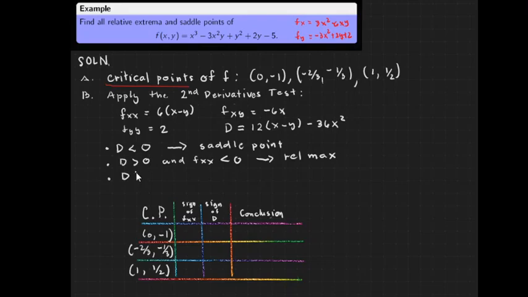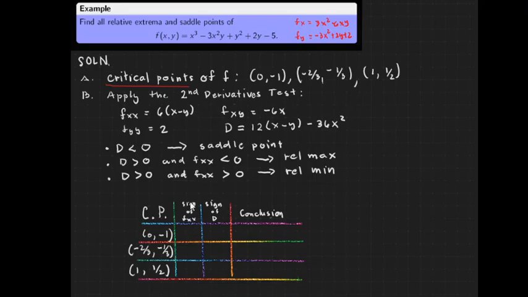Finally, if D is positive and fxx is also positive, then we say f has a relative minimum at the critical point. If D is 0, then we say the test is inconclusive. So we check the signs of fxx and the discriminant D at each of the critical points.